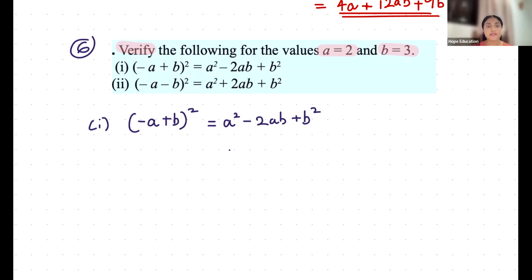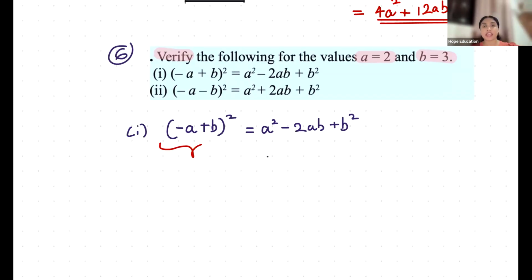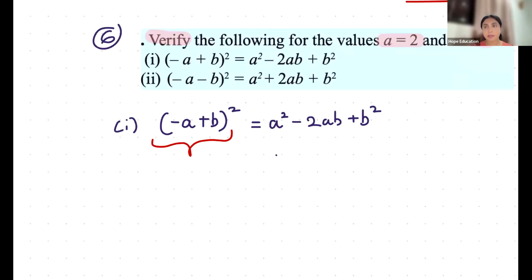First, we look at the left side. The left side of the equation. This is an equation, no? So I will first check the left side of the equation. For the left side of the equation, we say left hand side, indicating LHS.